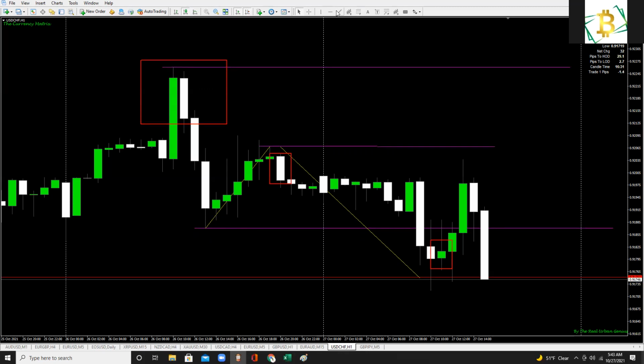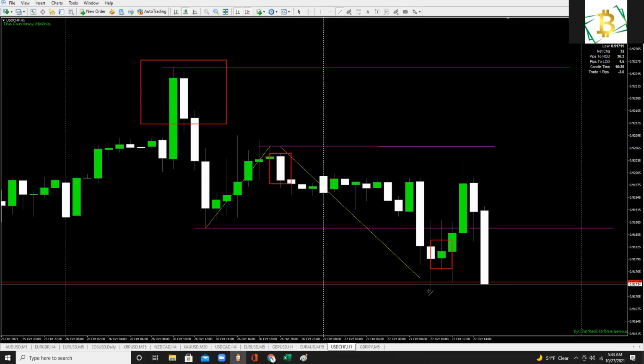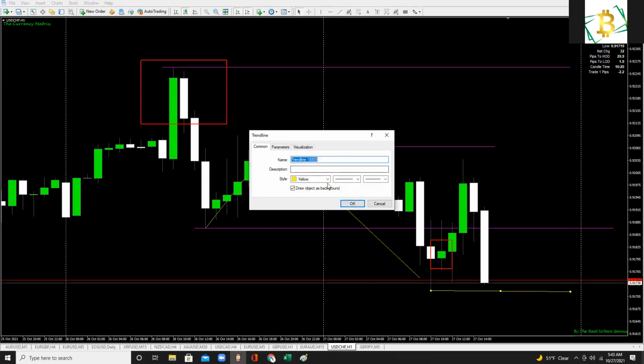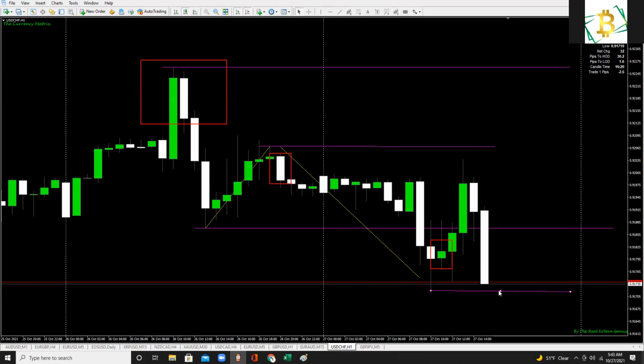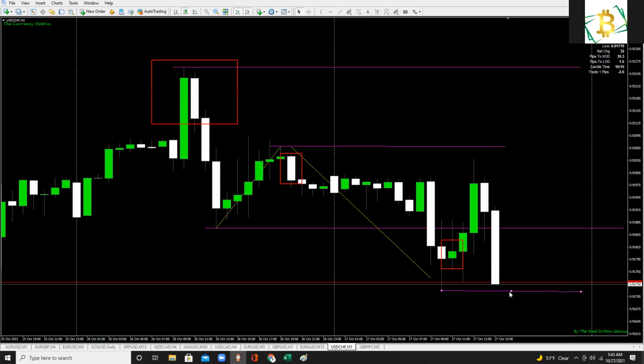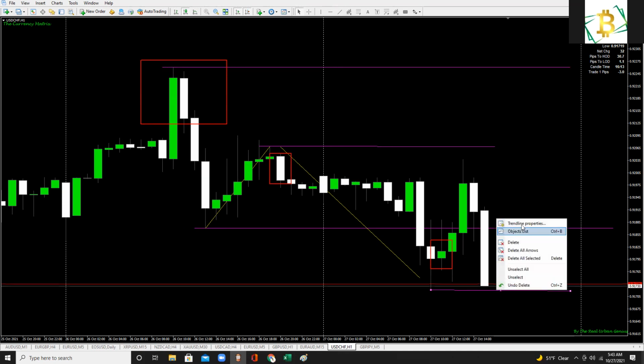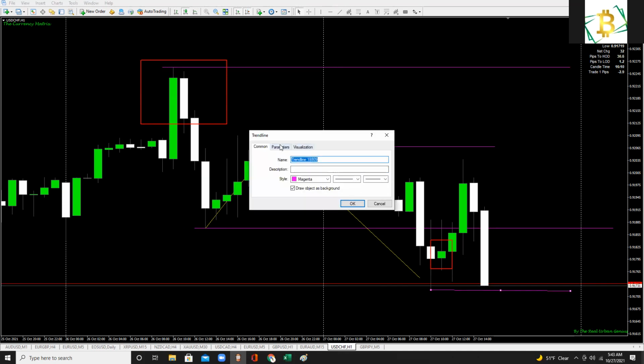All right, so now here on this low, we have structure here, which is ultimately the low of the day right now as well.